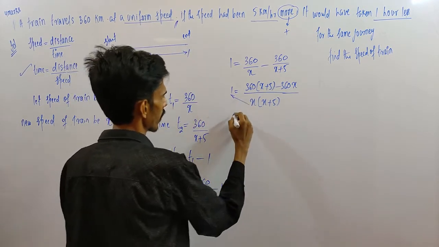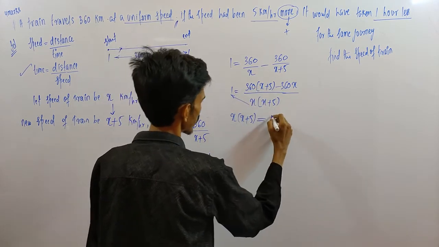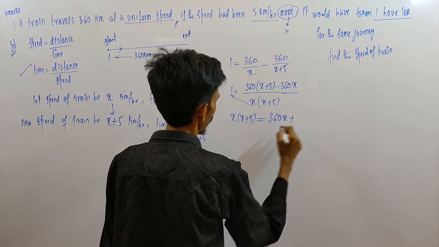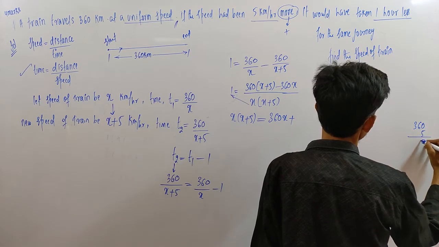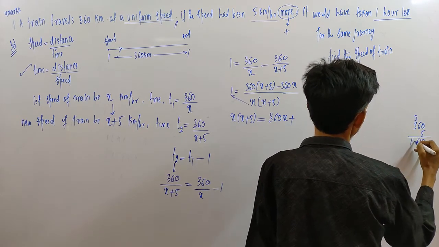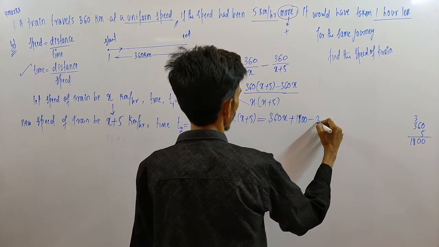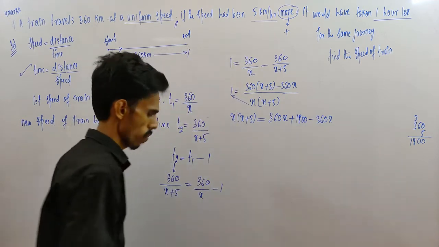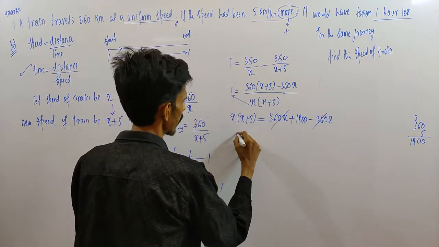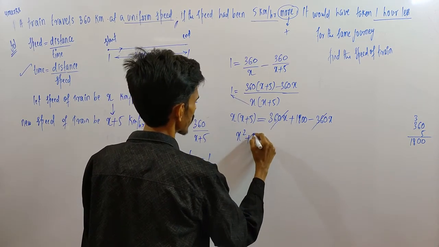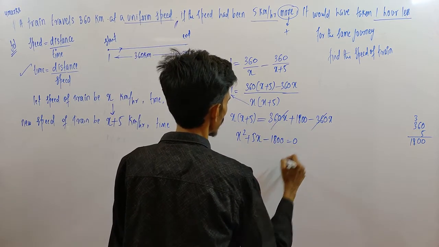Cross multiply here, we have x into x plus 5 is equal to 360 into x plus 360 into 5, that is 1800, minus 360x. Now these two will get cancelled. x into x, we have x square plus 5x. Take this here, we have minus 1800 equal to 0.